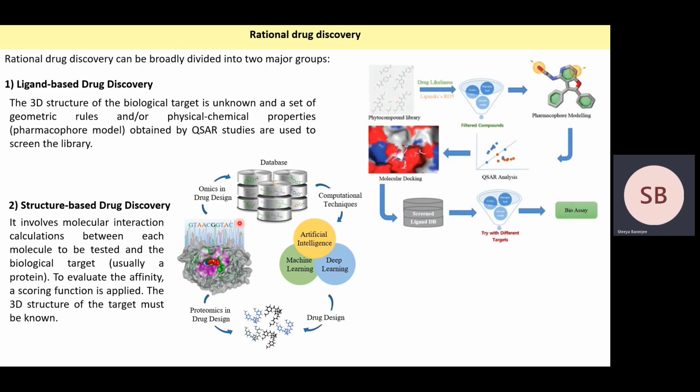It will give a score to the binding. The higher the score, the better the affinity. And then this idea can be used to give rise to potential drugs. So that is structure-based drug discovery, where the 3D structure of the target is known.